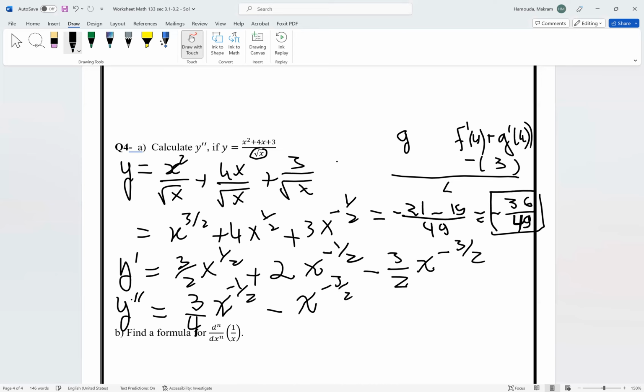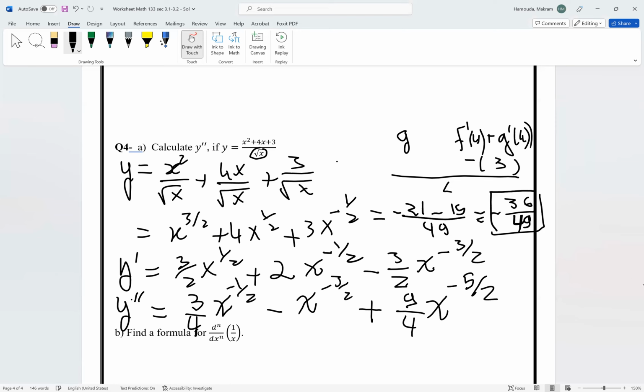Then minus 3 over 2 times minus 3 over 2, which will give plus, and 3 over 2 times 3 over 2, that's 9 over 4, x power minus 3 over 2 minus 1, that means minus 5 over 2. And this is the final answer for the second derivative.